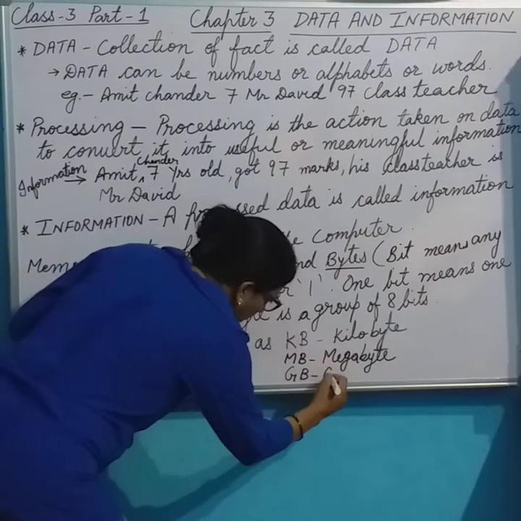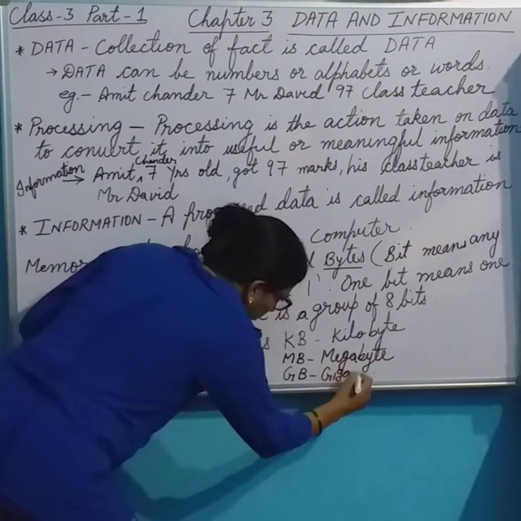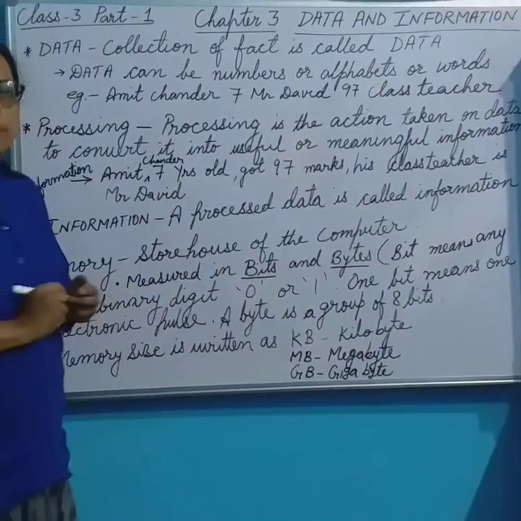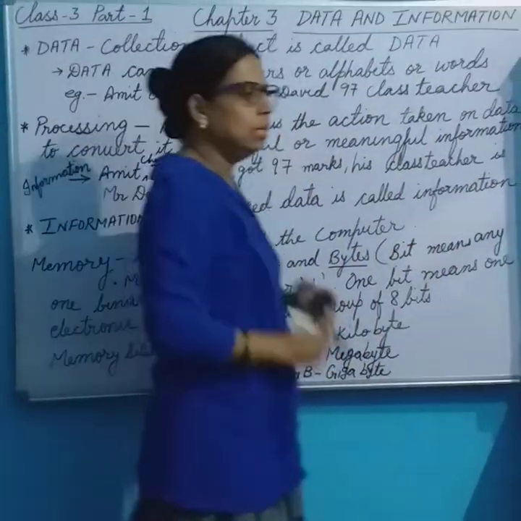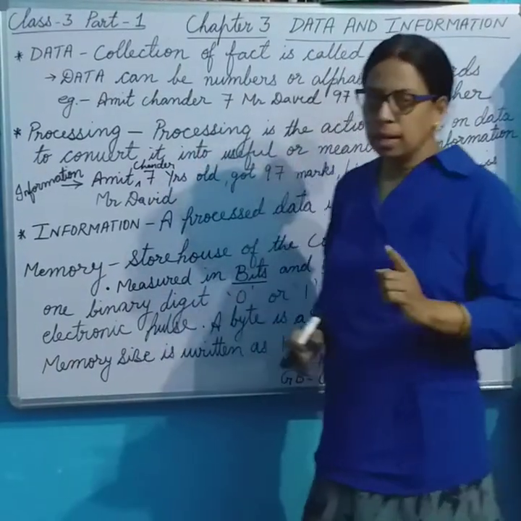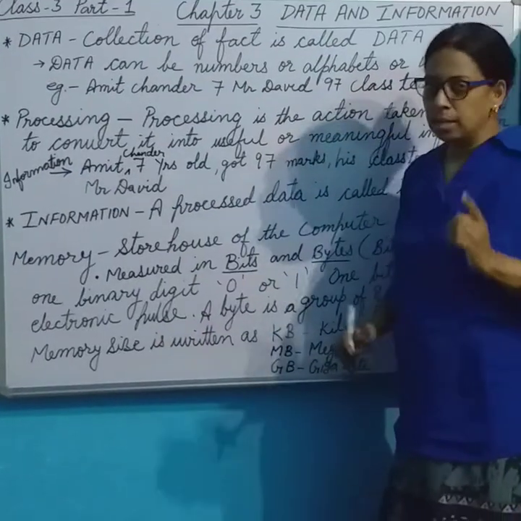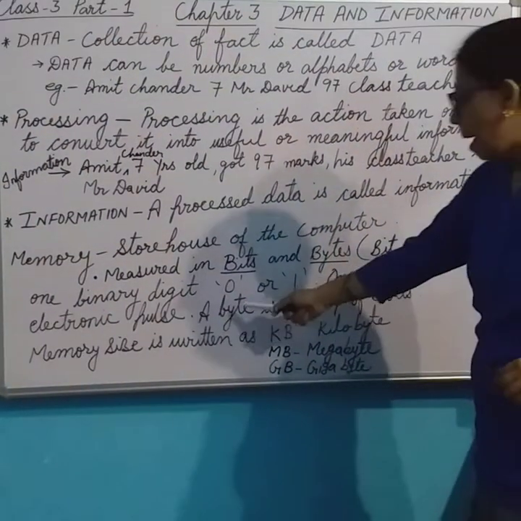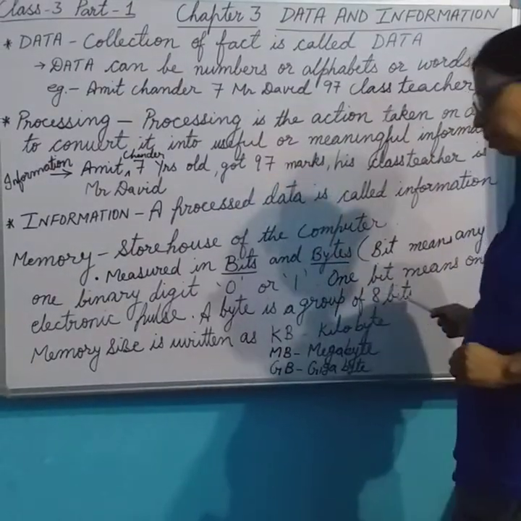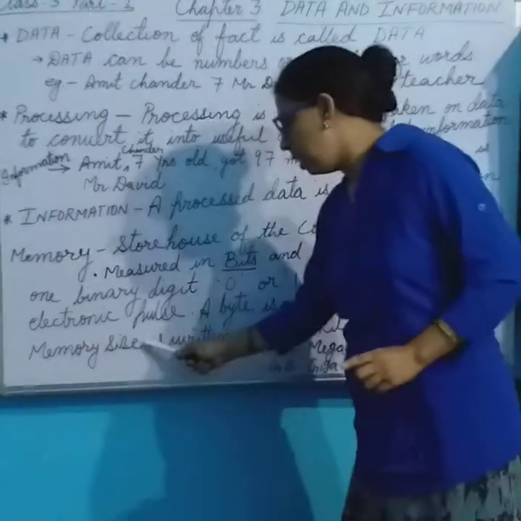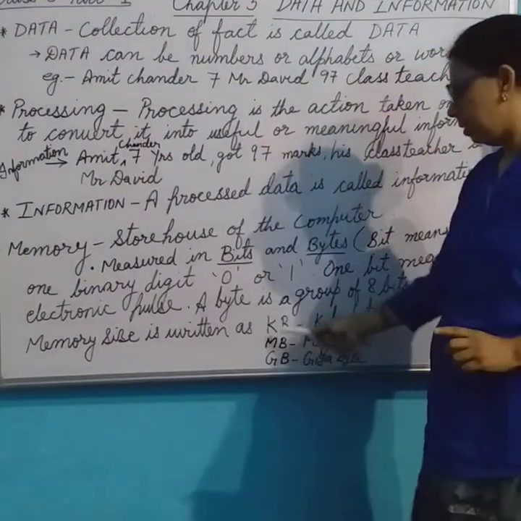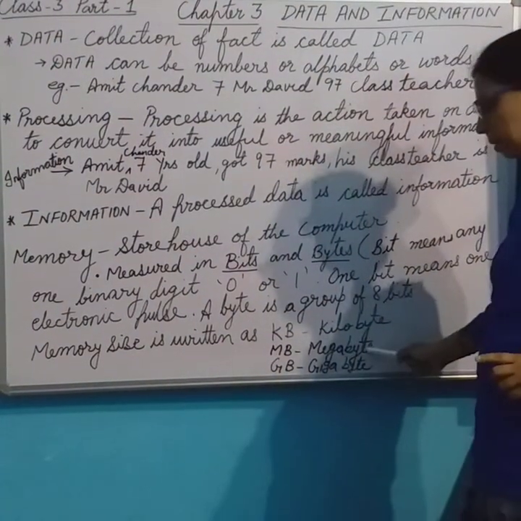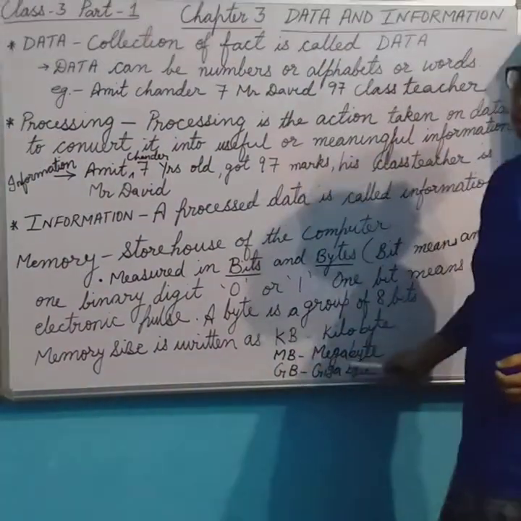Till then, just understand this much: the memory of the computer is measured in bits and bytes, and a bit means a single electronic pulse, that is either 0 or 1. A byte is a group of 8 bits, and the memory size is written as KB, kilobyte, or MB, megabyte, or GB, gigabyte.